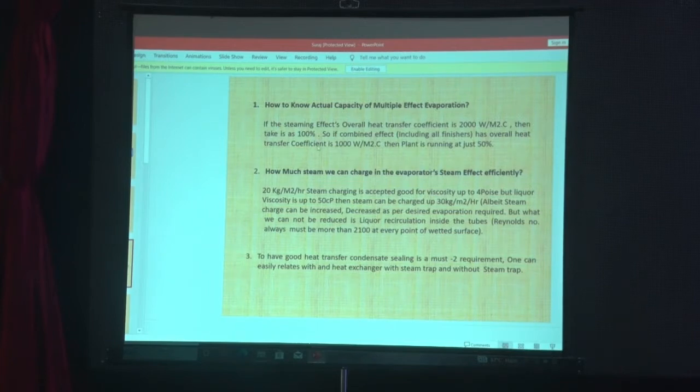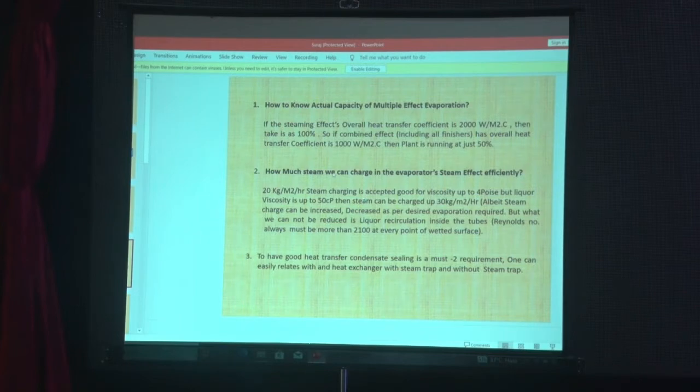If you see the first effect as a bundle of bodies, the overall heat transfer coefficient is usually in the range of 400 to 600, near about. I have seen many evaporators, and I have collected data from there. The overall heat transfer coefficient running is only 1500, 1600 watt per meter square degree centigrade. So think how much cushion there is. We are revealing those capabilities of the industry.